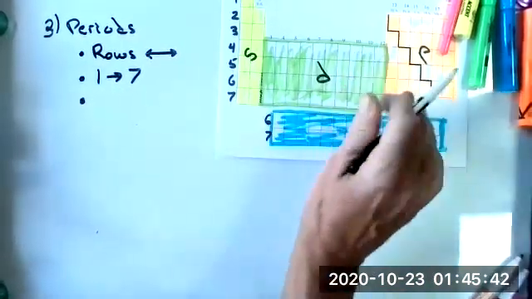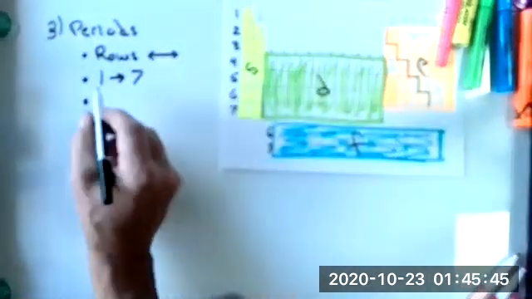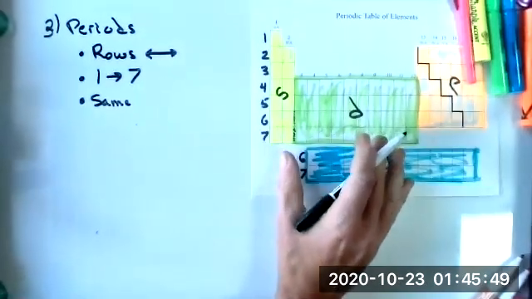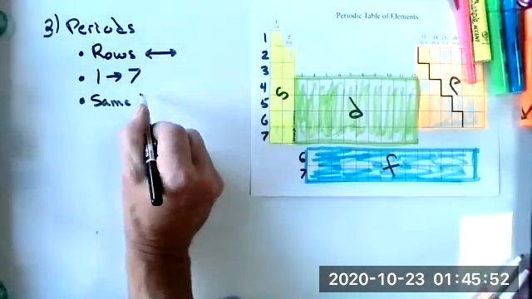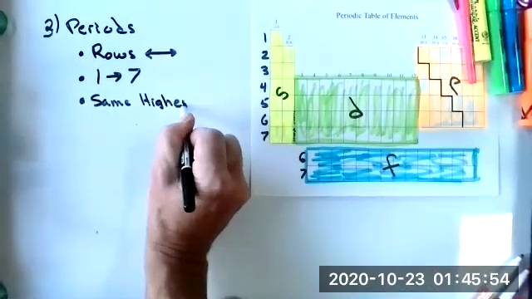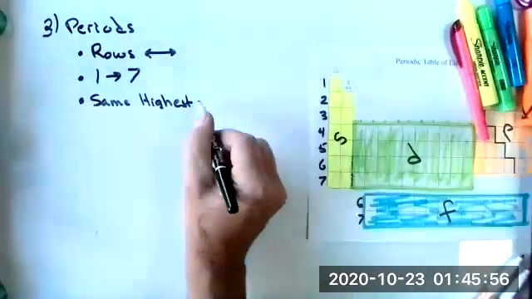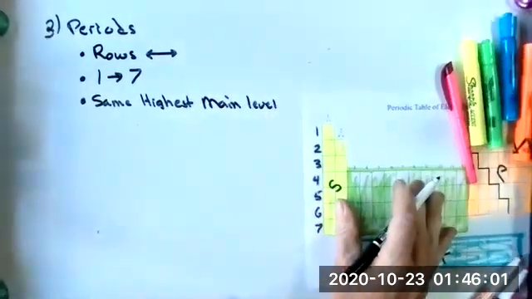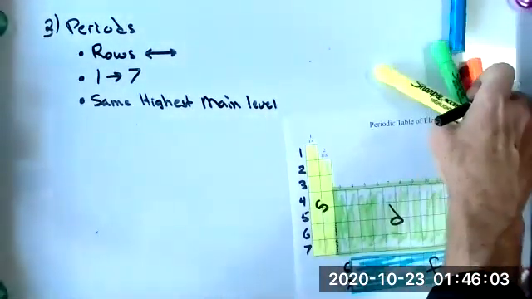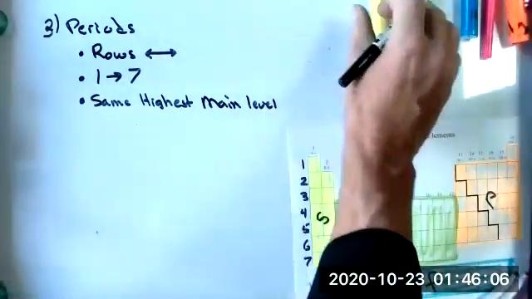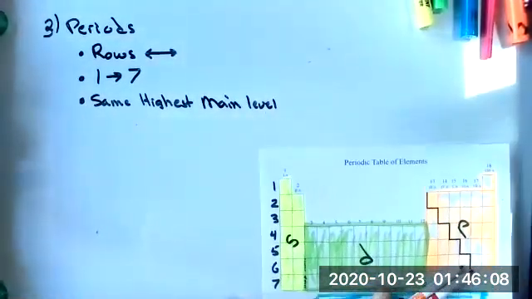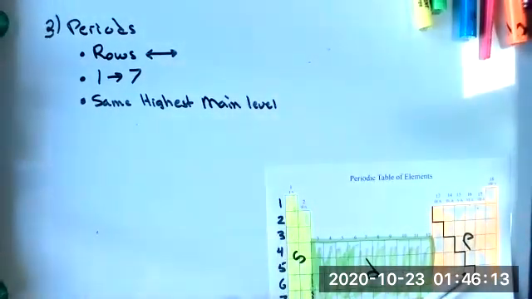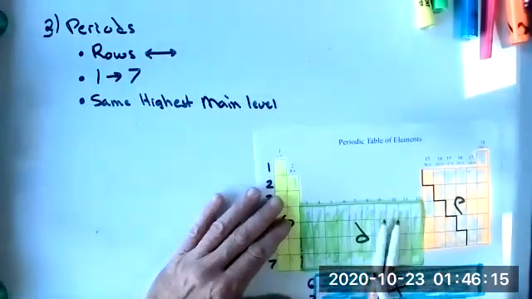If you get the big picture of this and the four sublevels, same highest main level. I've got to make this fit. Same highest main level. Well, I guess that works.